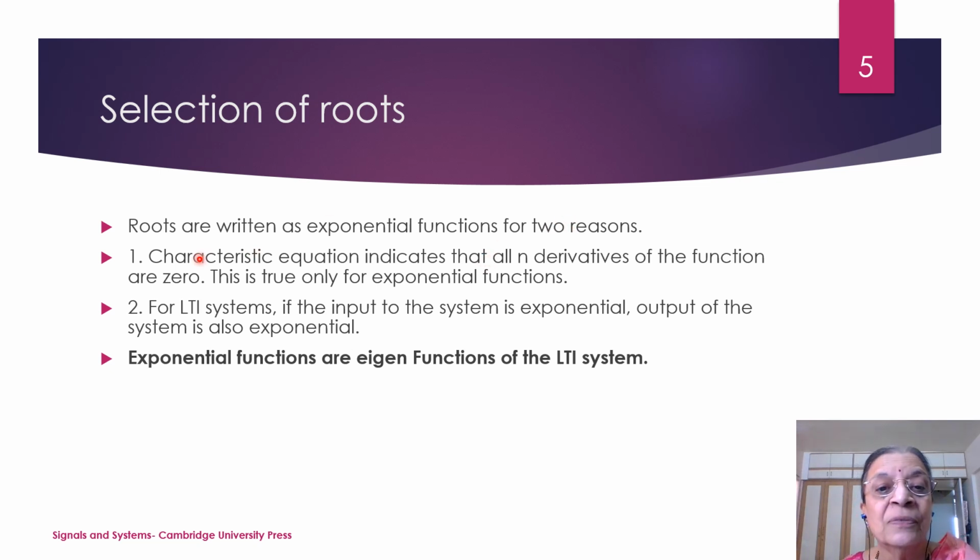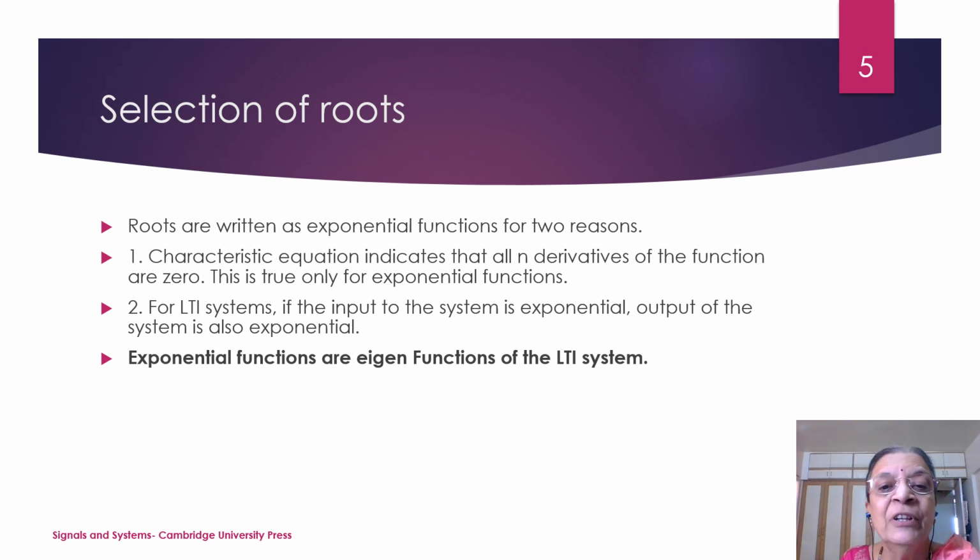There are two reasons. One is the characteristic equation indicates that all n derivatives of the function are 0. Why? Because lambda raised to n plus lambda raised to n minus 1 etc. plus a n is equal to 0, and when we take the first derivative it will be 0, second derivative it will be 0, third derivative will be 0, all first n minus 1 derivatives will be 0, and this will be true only in case of the exponential functions.